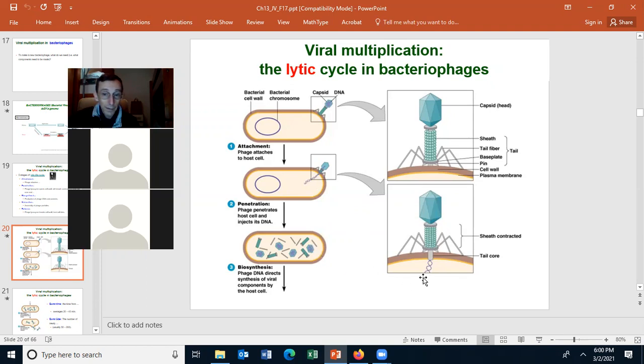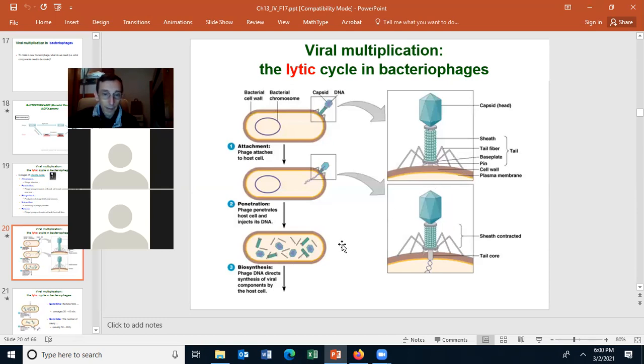Biosynthesis happens. The genome then is transcribed and replicated, and we make new viral genome, as well as the capsid proteins. And in this case, we have several proteins that have to be made. The proteins of the head, the proteins of the tail, and then the proteins we also need to do at the base plate, which isn't shown here, and the tail fibers.